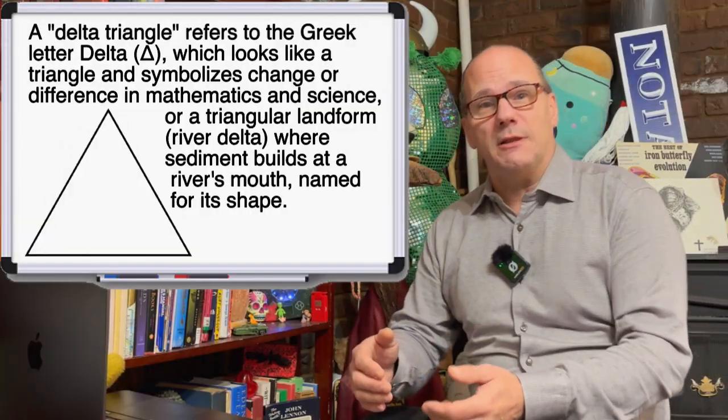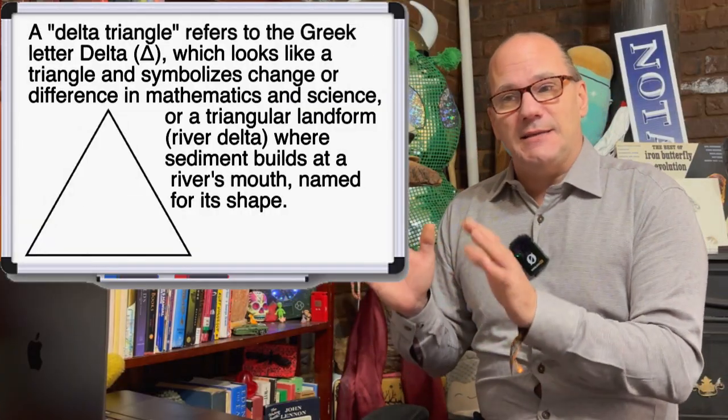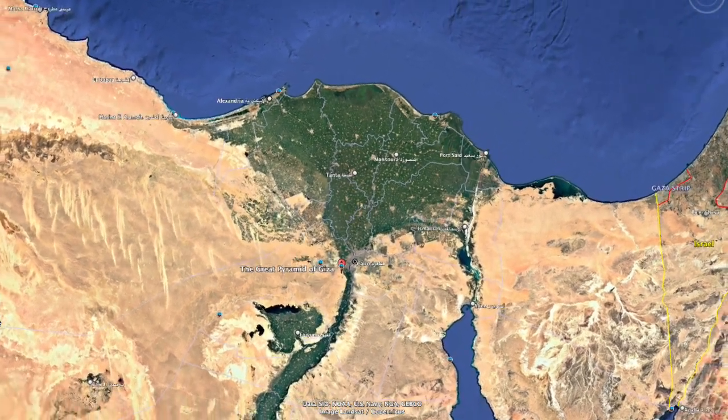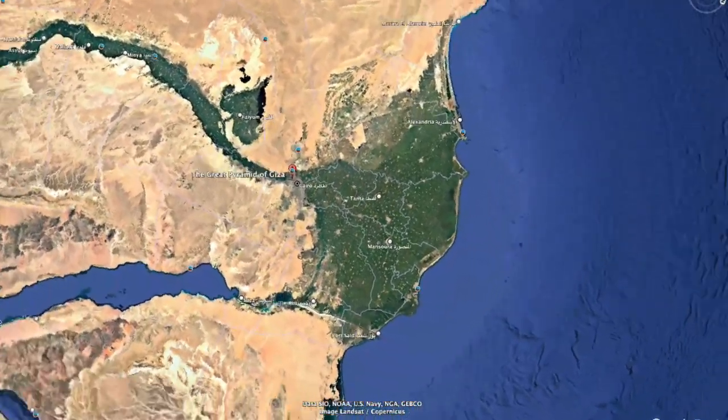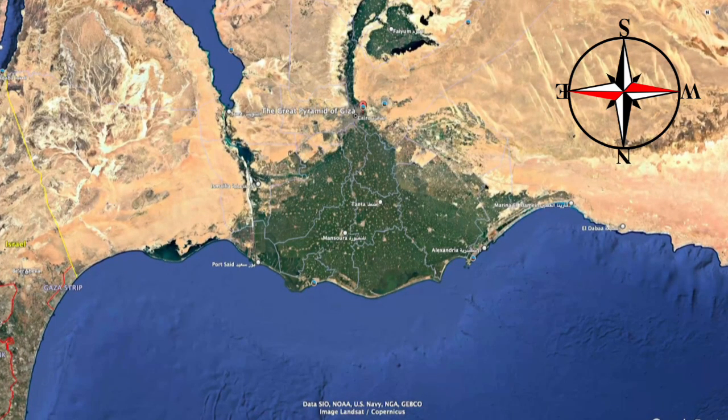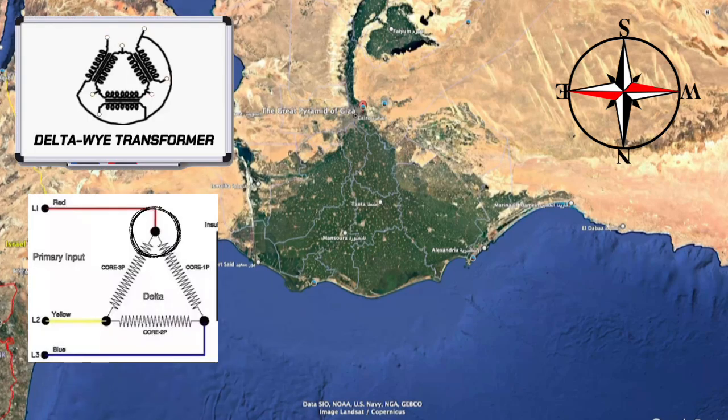Now, when we call it the Nile Delta, we should take that quite literally, that it is a delta, as in a triangle. And to get there, we need to turn the entire map upside down so that we are looking at the delta of the Nile in its proper context. Now, anytime you look at a delta Y across the planet, you're always going to have a primary node to the delta.